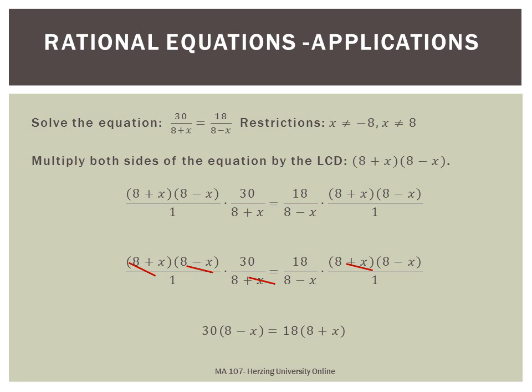The result is 8 plus x times 8 minus x divided by 1 times 30 divided by 8 plus x equals 18 divided by 8 minus x times 8 plus x times 8 minus x divided by 1. The 8 plus x term in the first expression cancels, and the 8 minus x term in the second expression cancels. The equation simplifies to 30 times 8 minus x equals 18 times 8 plus x.